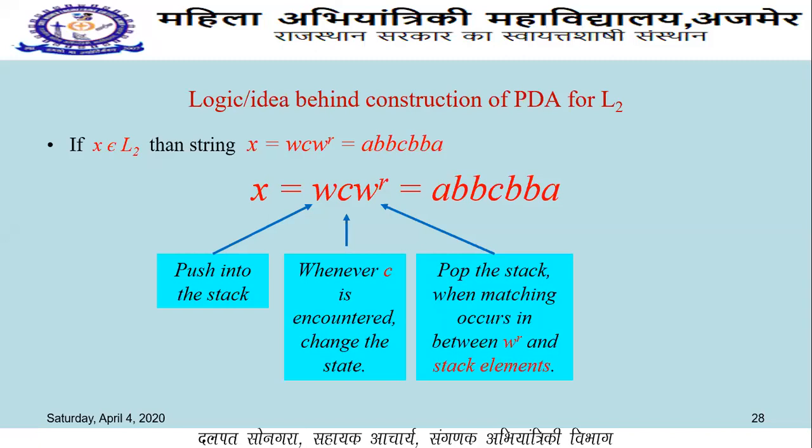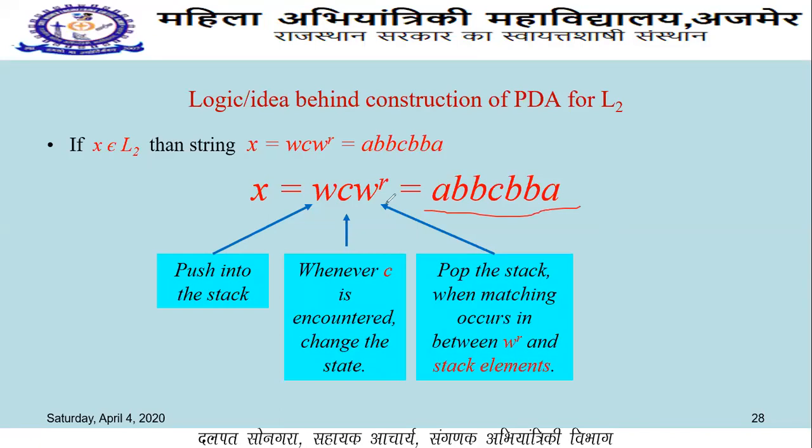Now we discuss the logic or idea behind the construction of the pushdown automata for L2. Let's suppose X is a string which belongs to L2, written like this, as we saw in the previous slide.